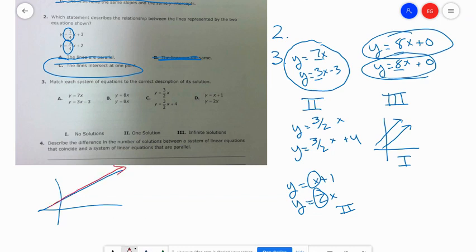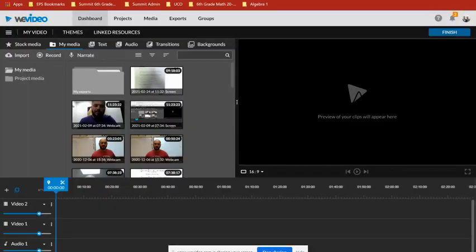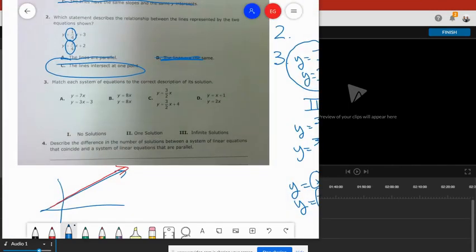So those two lines are technically the same. They don't quite look like it. I tried my best, but those are the same. So the difference is, hopefully I'm still sharing, since these ones go on forever and ever, they are always going to be the same versus lines that are parallel, which are never exactly the same.